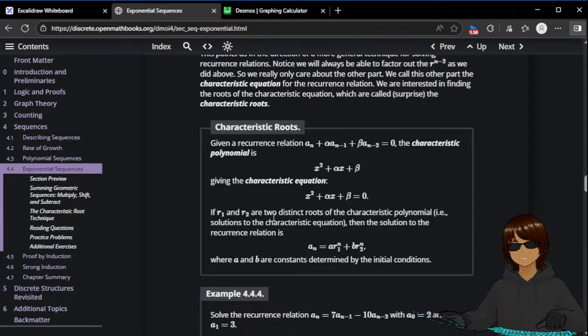If r1 and r2 are two distinct roots of the characteristic polynomial, then the solution to the recurrence relation is a_n is equal to a times r1 to the n plus b times r2 to the n, where a and b are constants determined by the initial conditions.